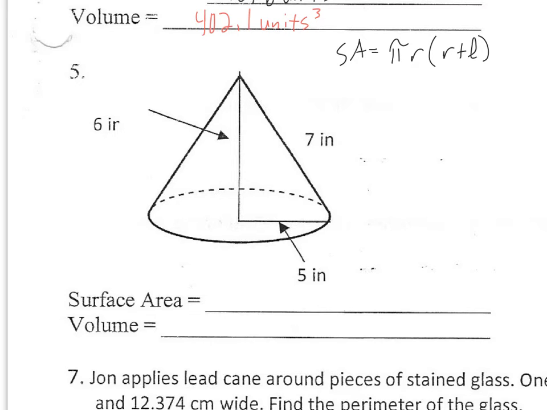Plugging in straight what we know for surface area. Pi times R, a radius is 5 in this case, times radius again, 5, plus L, which is 7.